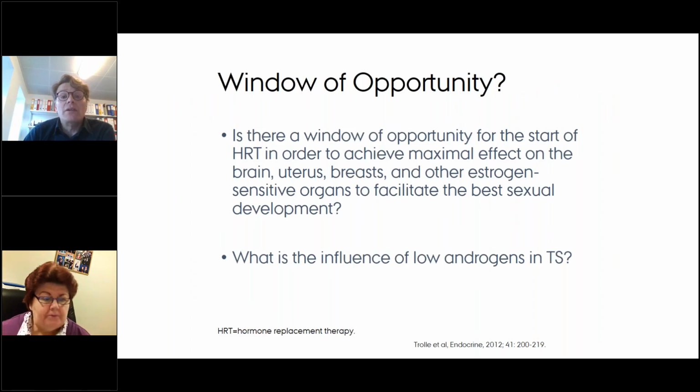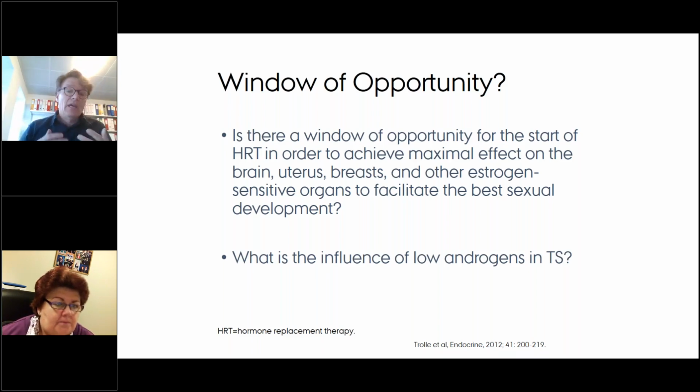Again, you could say that here you probably have a window of opportunity, because the French study showed you that age-appropriate induction of puberty was necessary to develop a normal sexual life, or a more normal sexual life, I probably should say.